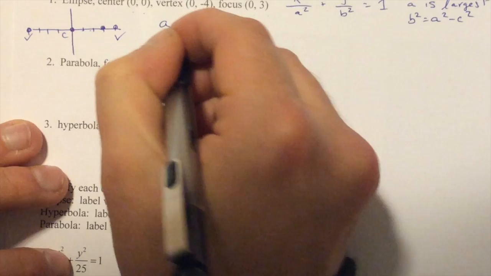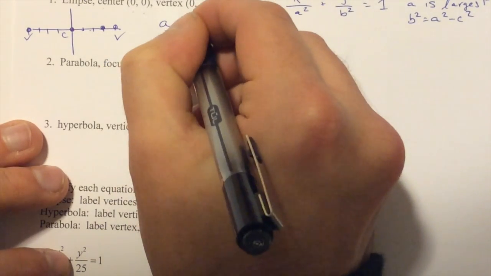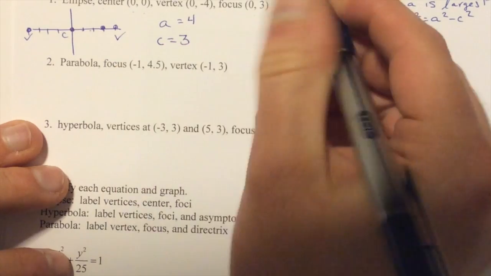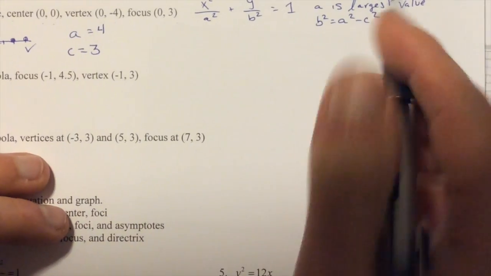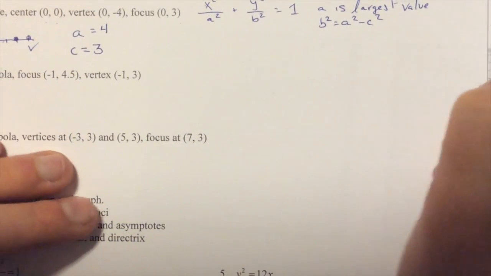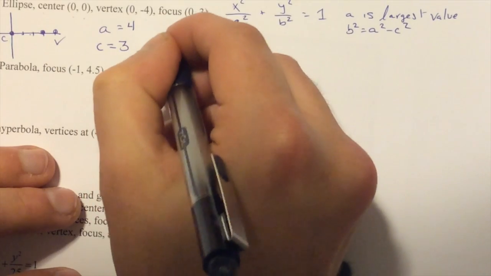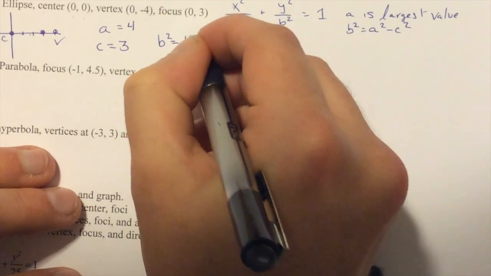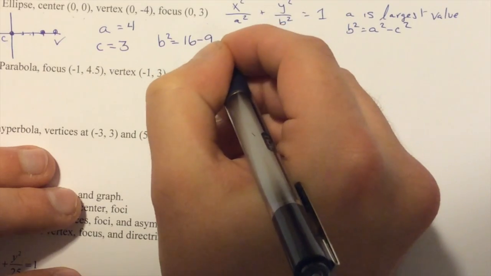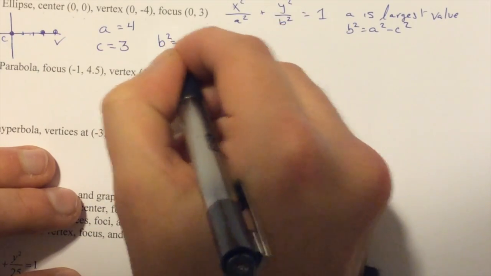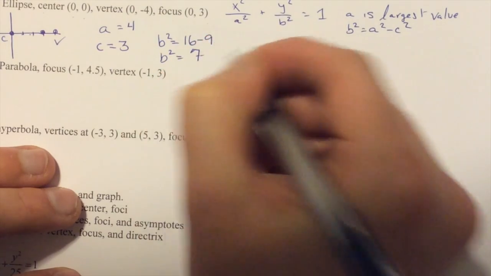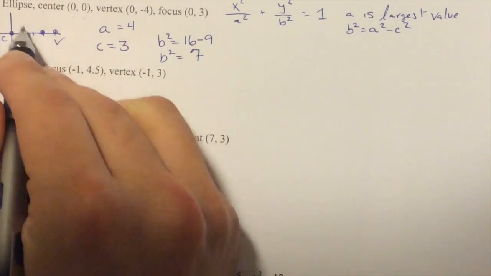That means my a is 4, my c is 3, and I want to find b, so I'm going to go back to b squared equals a squared minus c squared, and I'm going to say b squared equals 16 minus 9. 16 minus 9 is 7.